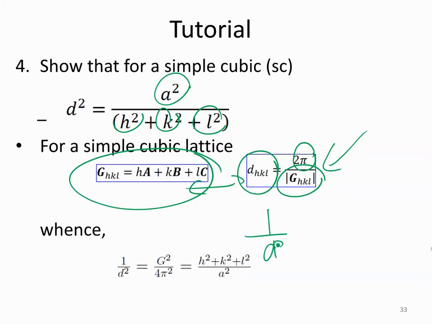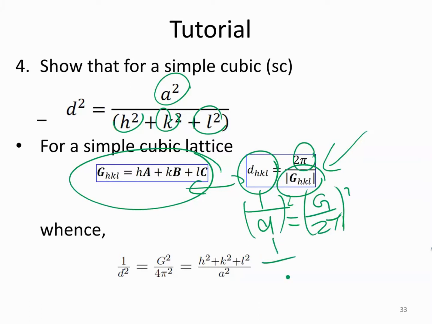Therefore, you just rearrange this equation: 1 over D equals G over 2 pi. You square both sides, then get 1 over D square equals G square over 4 pi square, because you only get D square.